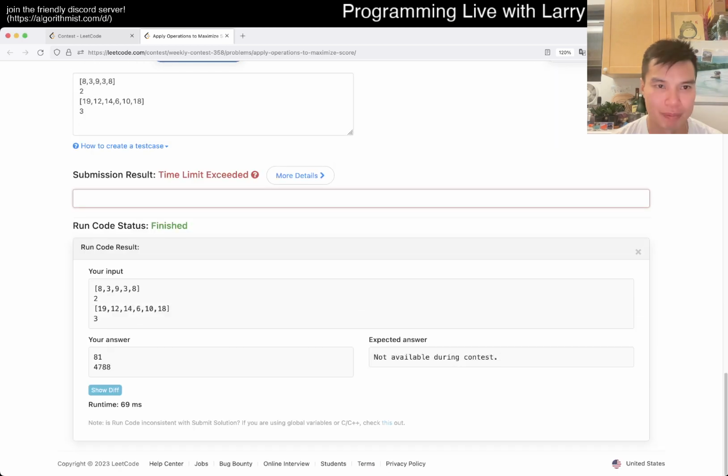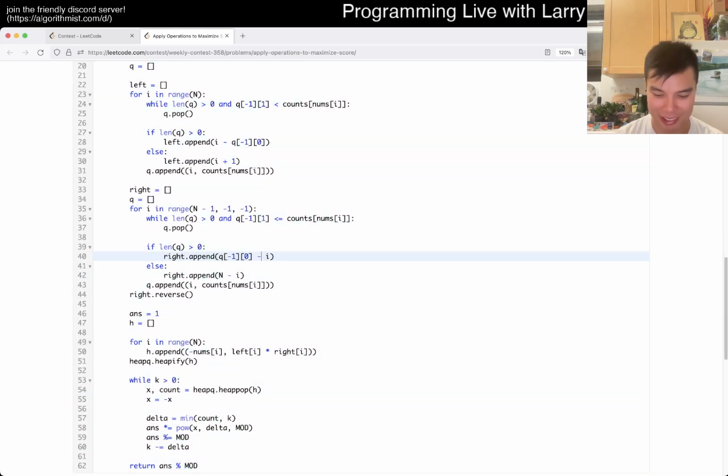Let's see if ChatGPT is good for this one, just for science. Alright, I have to log in every time. Alright, ChatGPT, let's see.